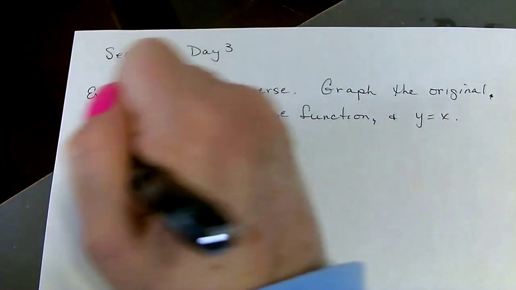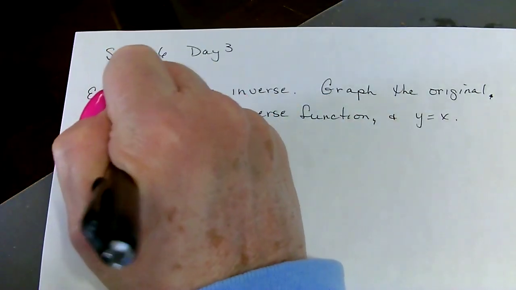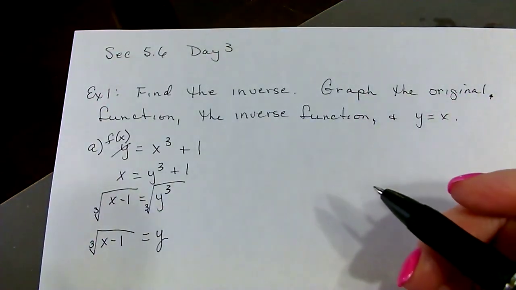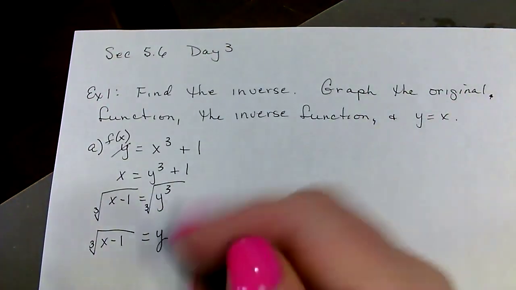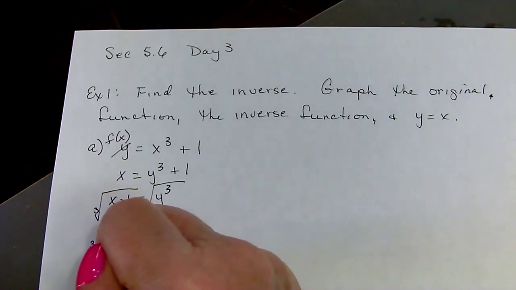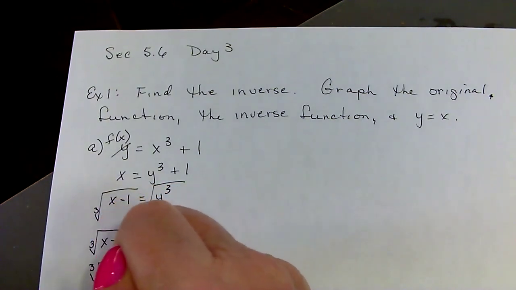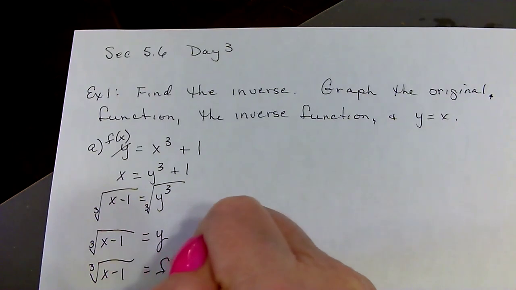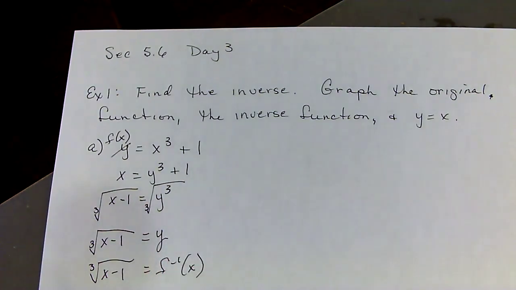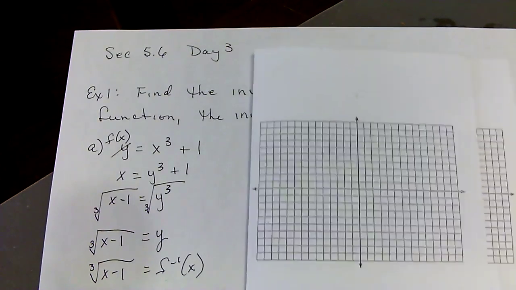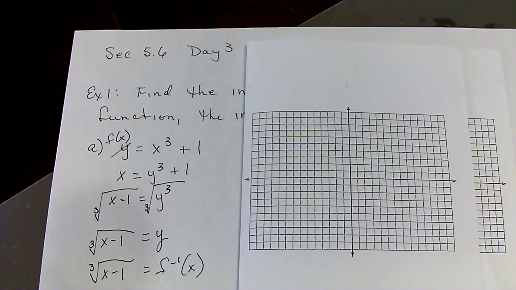So I'm going to go ahead and call this one f of x so that we can locate them on the graph easier. And then I'm going to call this our f inverse. Okay, and then I'm going to go to graph paper, and I'm also going to go to a graphing calculator.